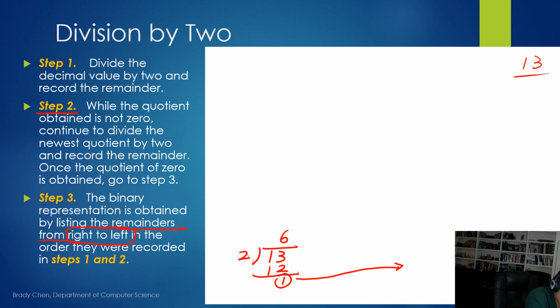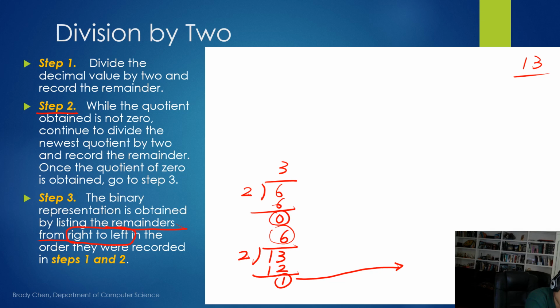So now we got a quotient 6. That's step 2. The quotient 6 is not 0, so we divide the nearest quotient, which is 6, by 2. And then we got a quotient 3. 2 times 3 is 6, 6 subtract 6 is remainder 0.